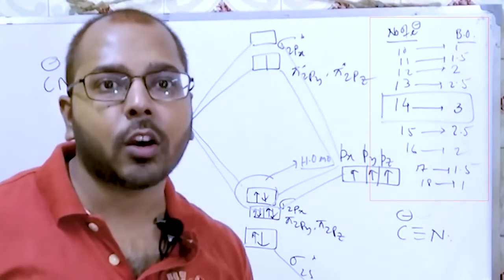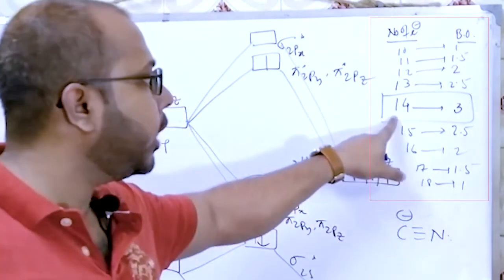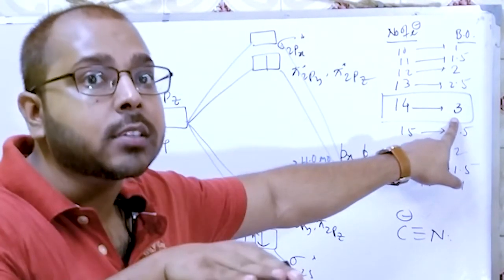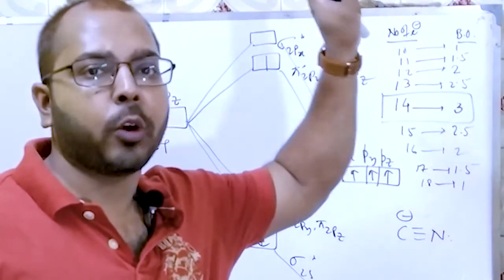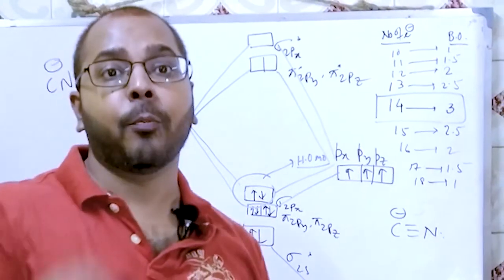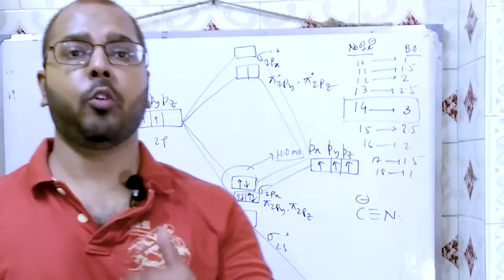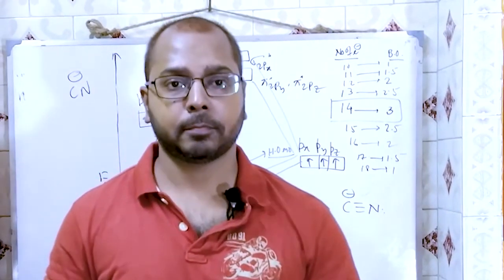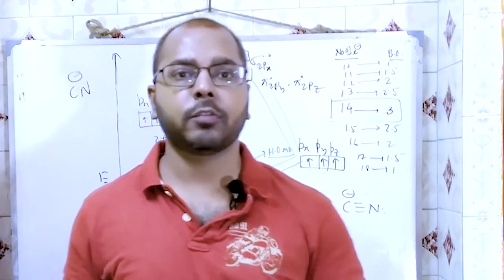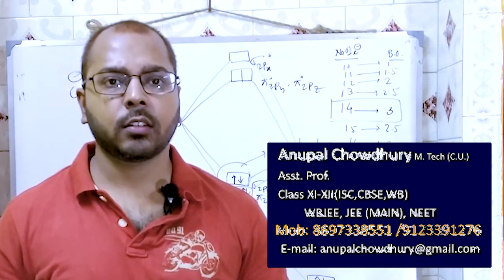N2 plus कितना होगा, N plus N 14, N2 के बीच bond order कितना 3, but N2 plus that means it would be 2.5. Okay, so I hope it is clear. And bond order and bond strength directly proportional, bond order and bond length inversely proportional. Clear? I will upload some videos of this bond length, bond order in my next session.